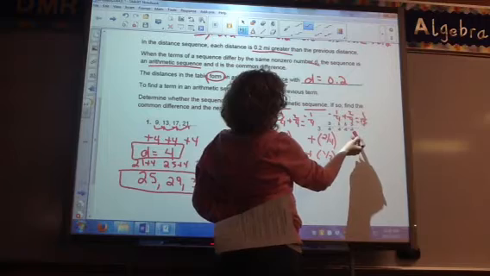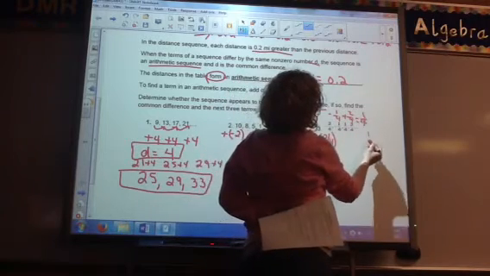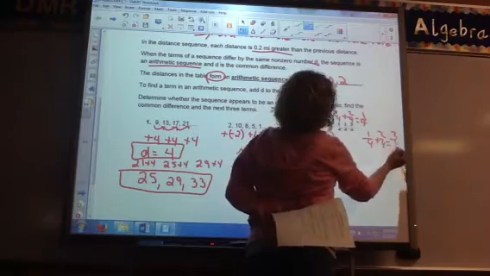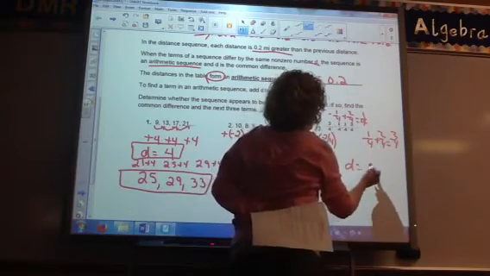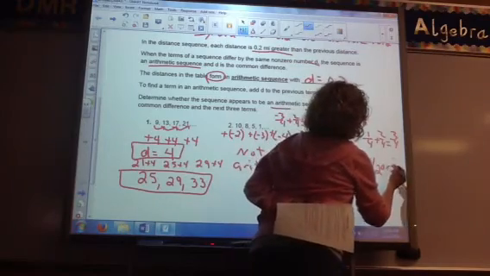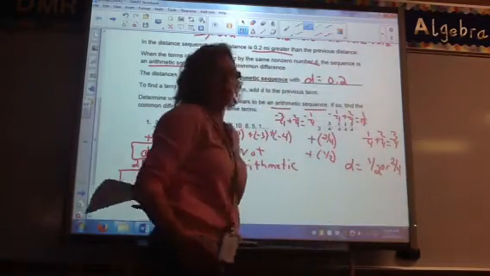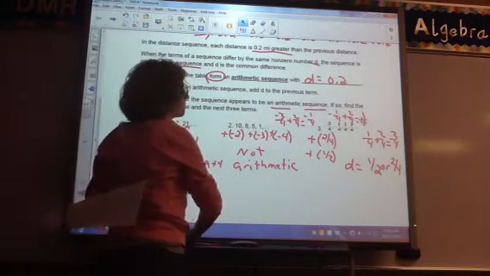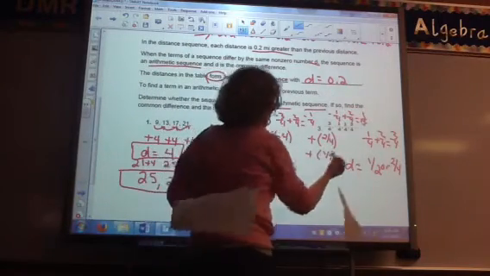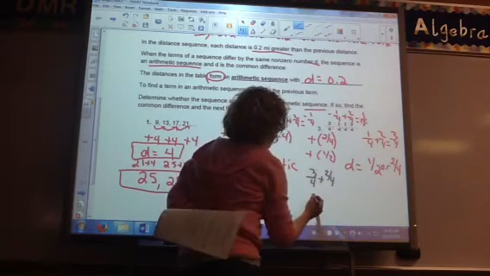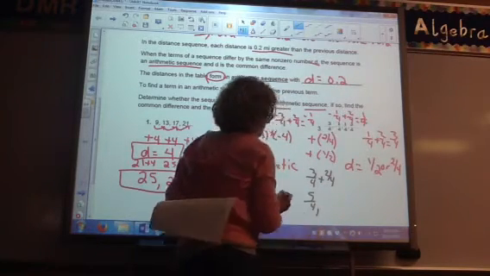And then how do we get from 1/4 to 3/4? Well, 1/4 plus 2/4 gives me 3/4. So d is we're adding 1/2, or if we're going to stay with the same denominator, 2/4. We need to list the next three terms. 3/4 plus 2/4 gives me 5/4.